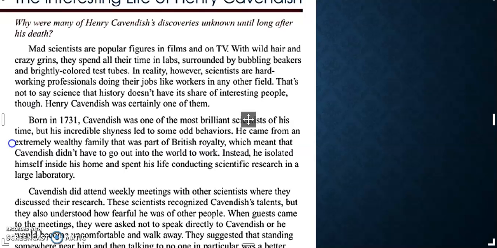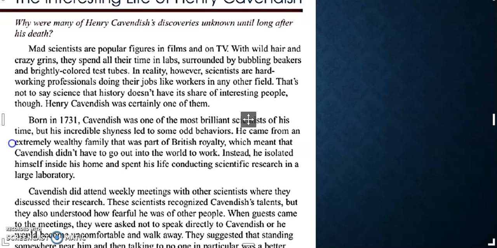A mad scientist with crazy hair. But in reality, scientists are hardworking professionals doing their jobs like workers in any other field. That's not to say history doesn't have its share of interesting people. Henry Cavendish was certainly one of them.